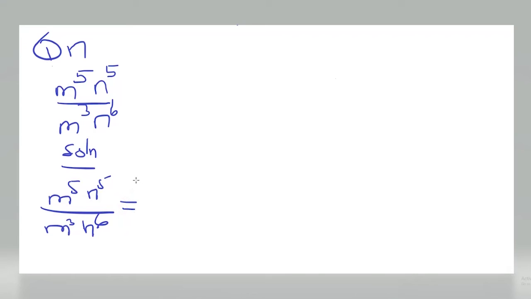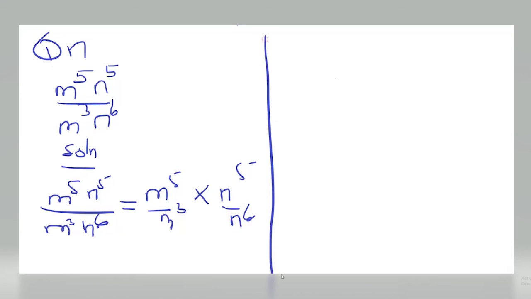Just combine the like terms, so this will be equal to m power 5 over m power 3, times n power 5 over n power 6. Now this can be written as m power 5 minus 3, times n power 5 minus 6.